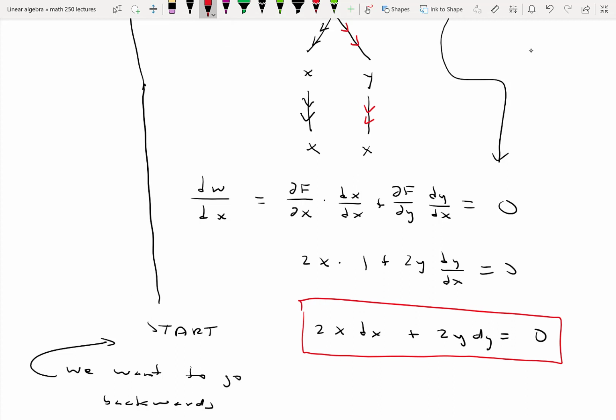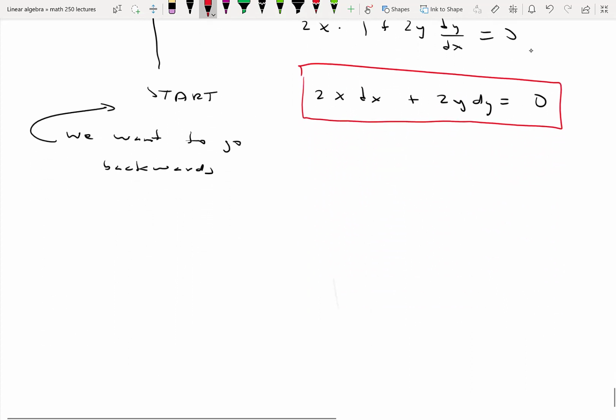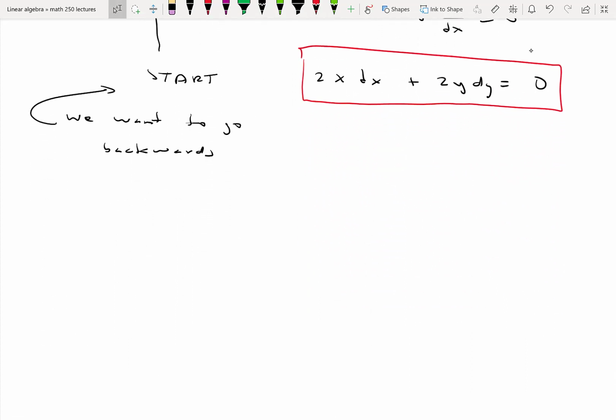So here's how the general case goes of what I just did. Suppose we have w equals some function of x and y, equals a constant. Just like before, I had w equals x squared plus y squared equals 4.